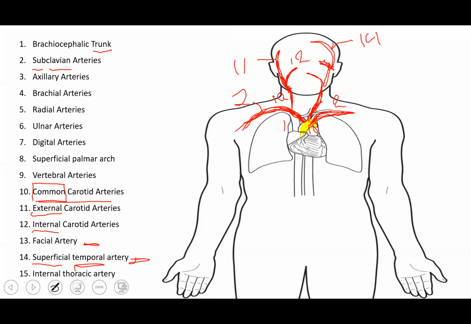Now, as soon as that vessel passes out from underneath the clavicle, it's essentially going to enter into the armpit area, or the axillary region. And it's going to pass blood on the medial side of the arm, right in between the biceps brachii and the triceps brachii.